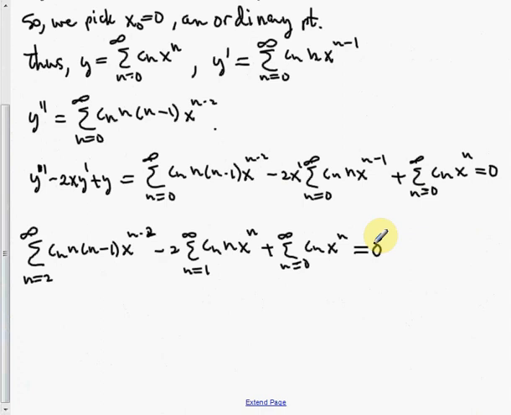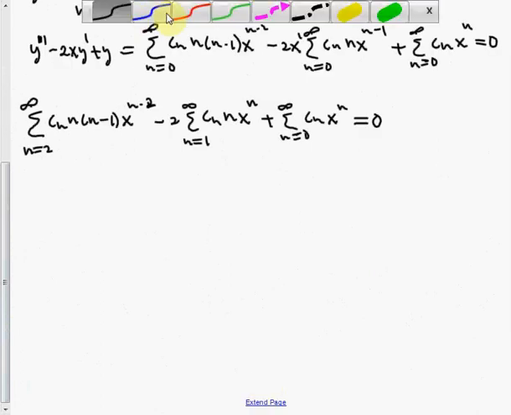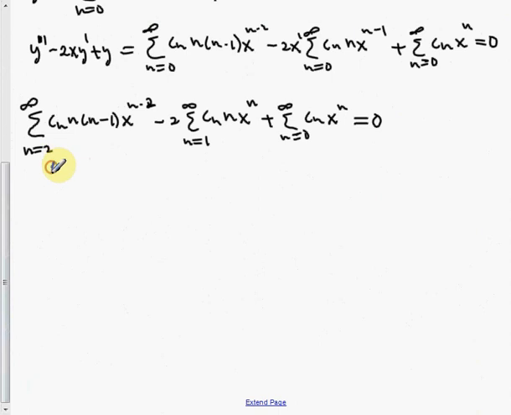So now we're going to introduce the k factor. Here, let k equal n minus 2. So k plus 2 is equal to n, and k plus 1 is equal to n minus 1.